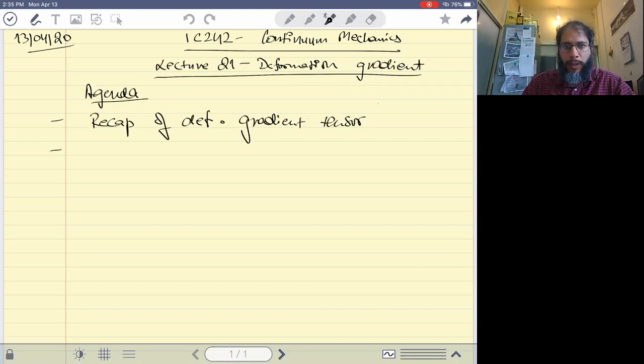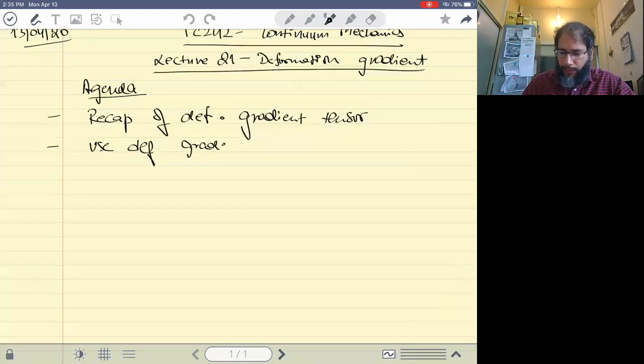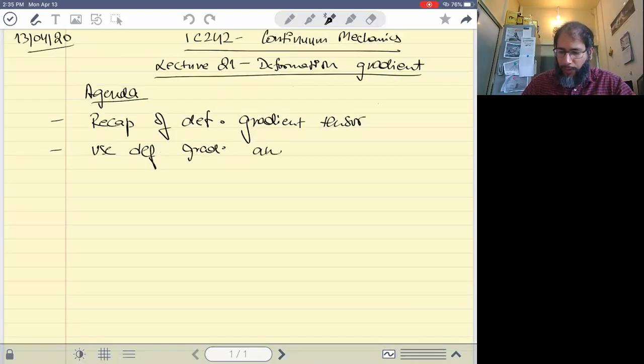And then we will understand how to use this deformation gradient tensor, and we'll define our strain tensors using this.